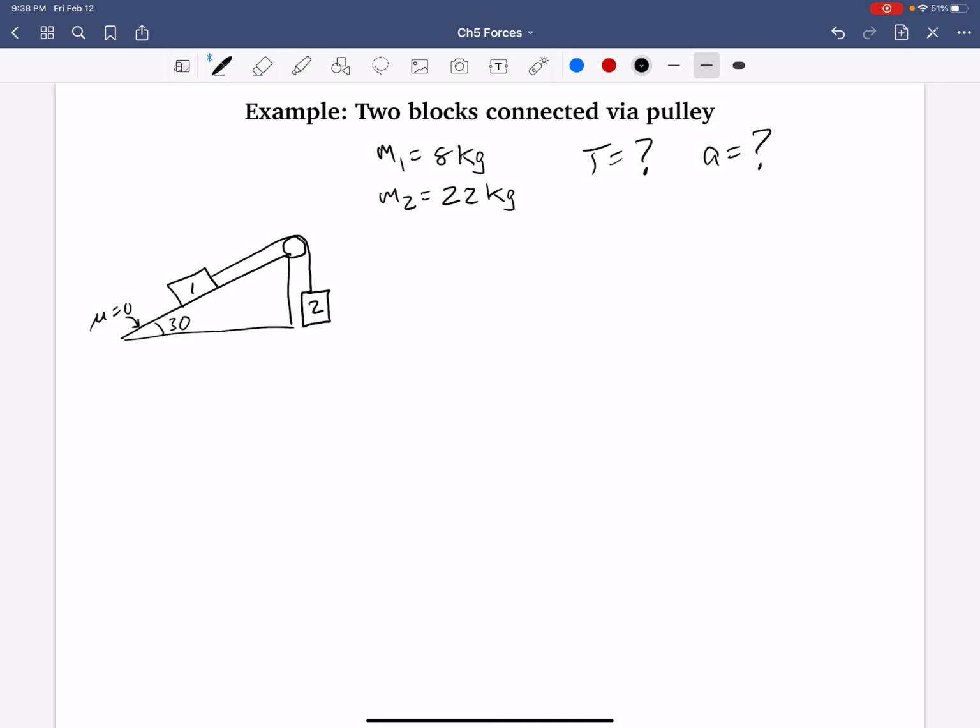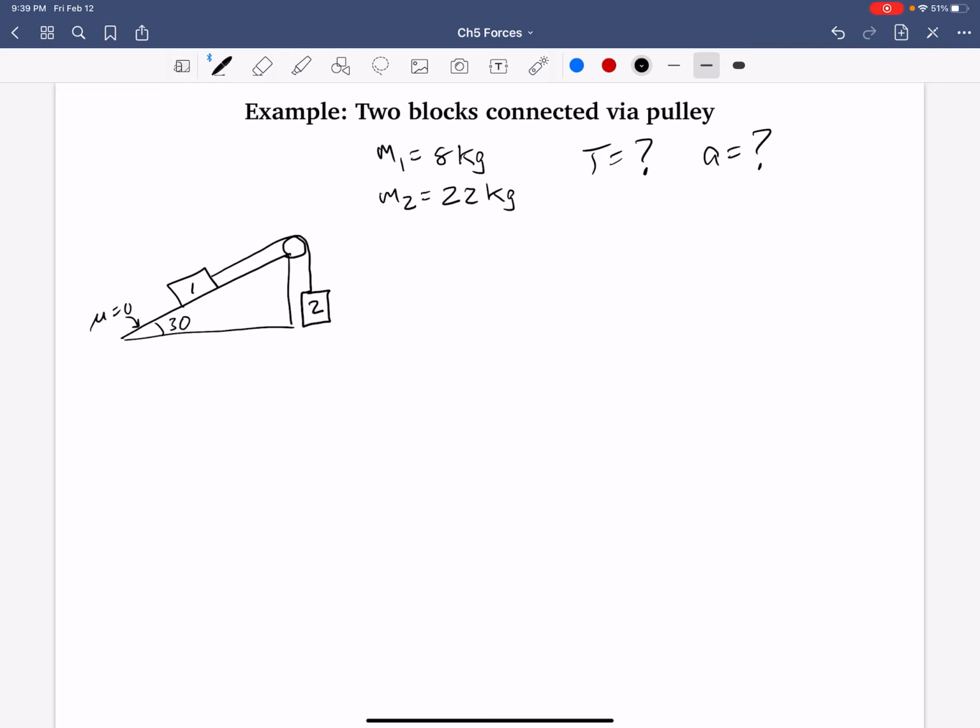So to start, I said that the string is ideal, and that means that it's massless, it doesn't stretch, it doesn't compress, it doesn't twist, it doesn't do anything besides just connect two things.